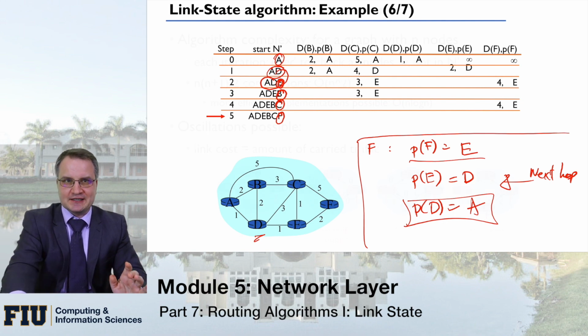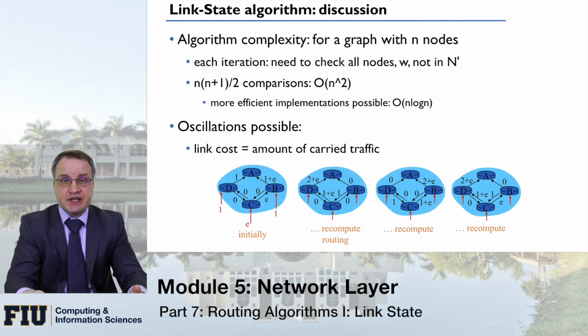So that's basically it. Depending on which specific data structures are used and what specific optimizations are defined in the implementation, it can be implemented in n squared, which is not ideal, or even much better with n log n. But note that this is the complexity from the perspective of an individual router, and the overall complexity is larger because each router calculates on its own.